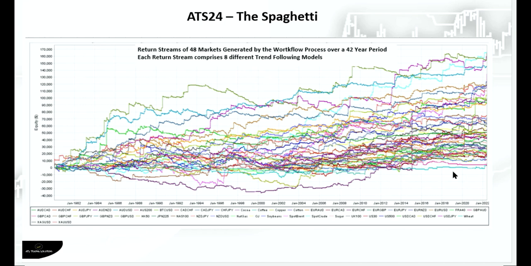Each of these return streams has demonstrated its ability to survive over a vast array of different market environments and has generated sufficient performance to exhibit a weak edge, aka a small positive expectancy.